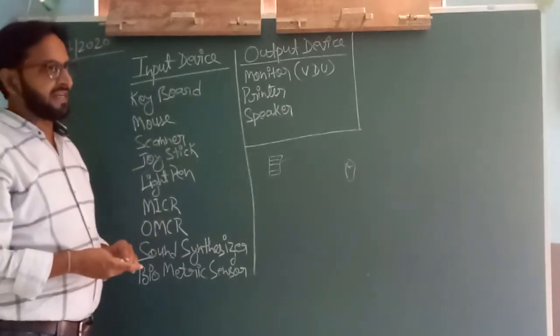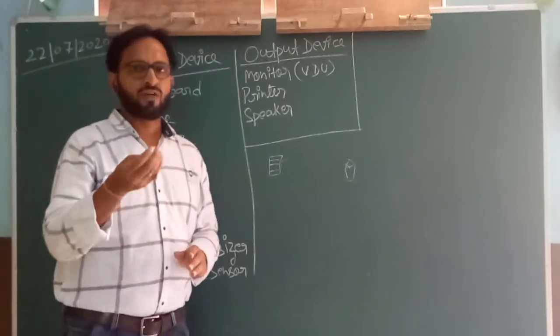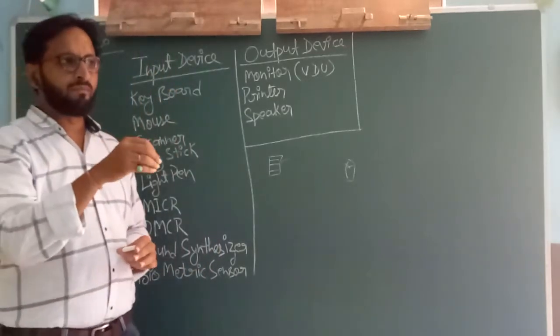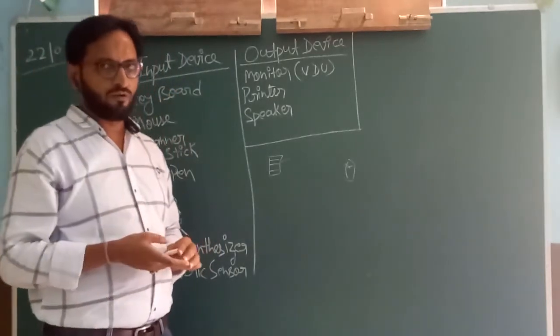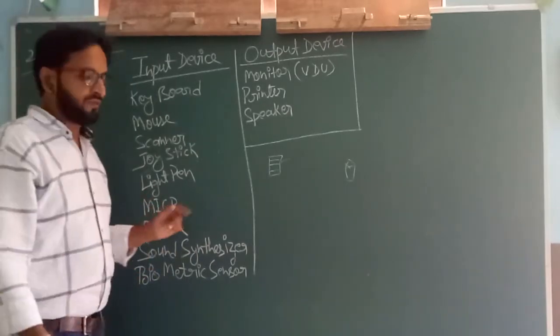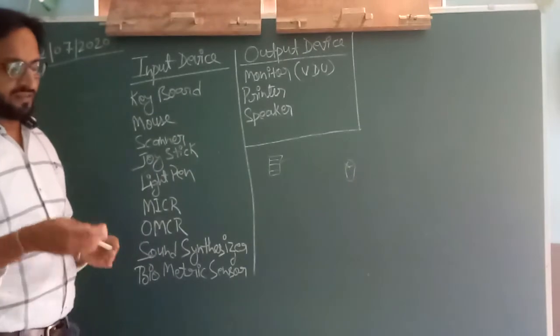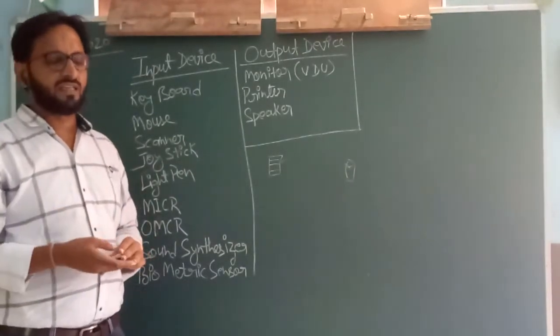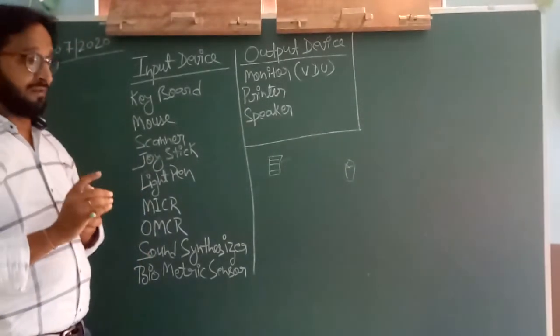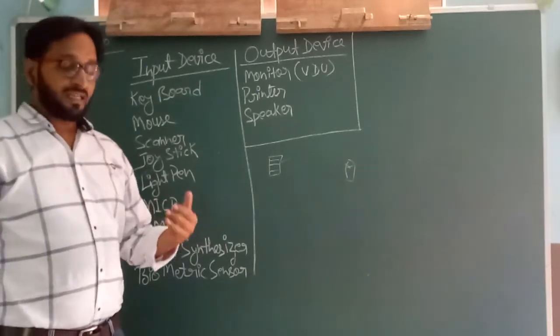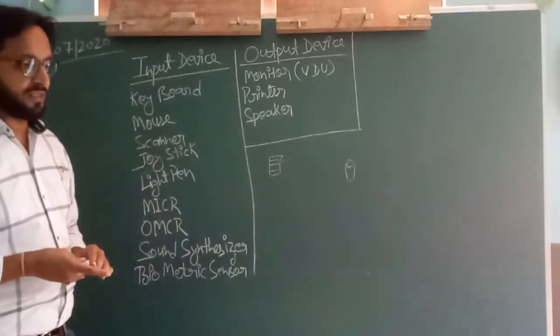In MICR, magnetic ink character reader, when you go to the bank to submit any check, and you want to cash it, the bank employee will take 3 days, 4 days, 5 days, or maybe 20. So MICR is a special purpose input device.